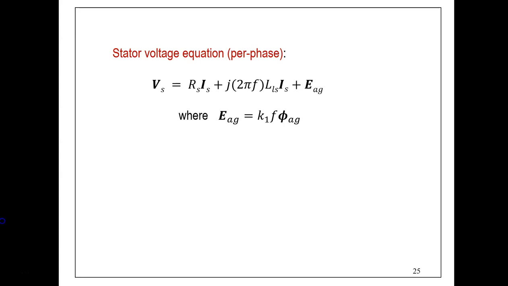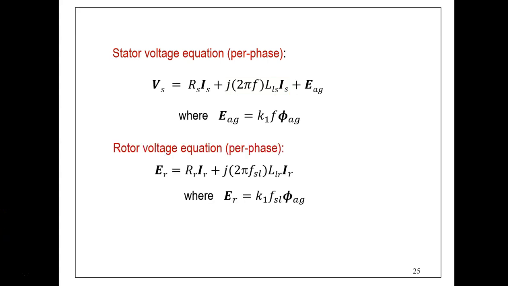And 2 pi f Lls times Is is the voltage drop across the leakage inductance, and Eag is the back EMF voltage, which is the voltage induced due to the rotating flux that we have seen before, and it is given by this equation here. The leakage inductance drop is to account for the flux which does not contribute to the rotating flux.